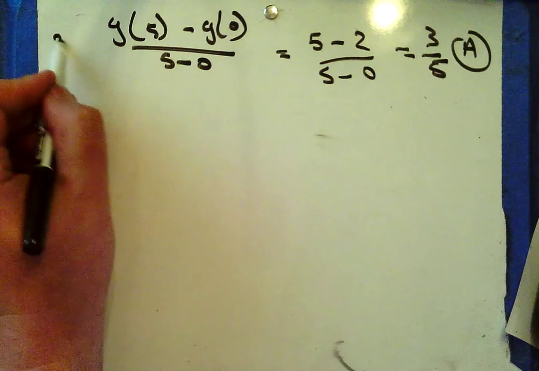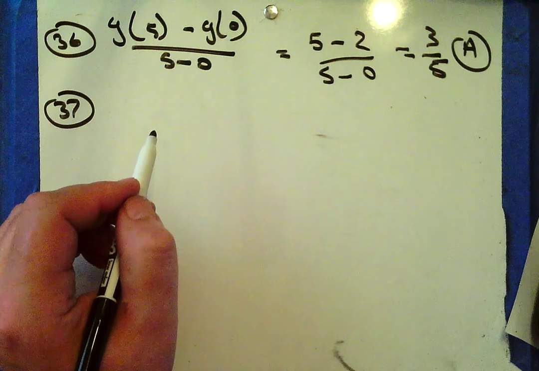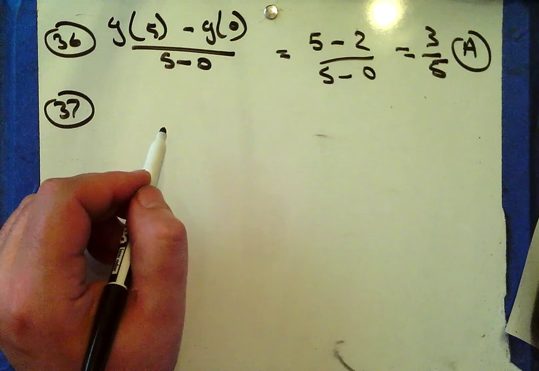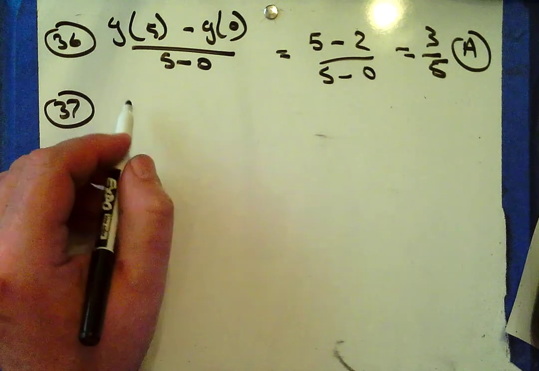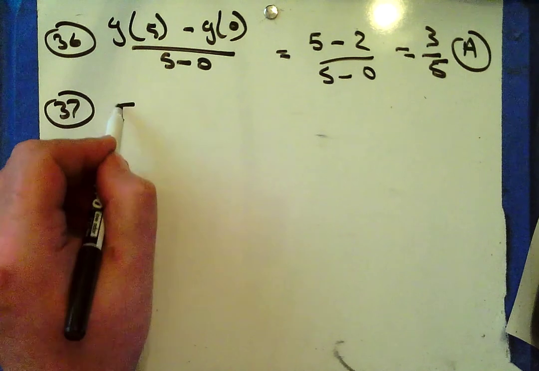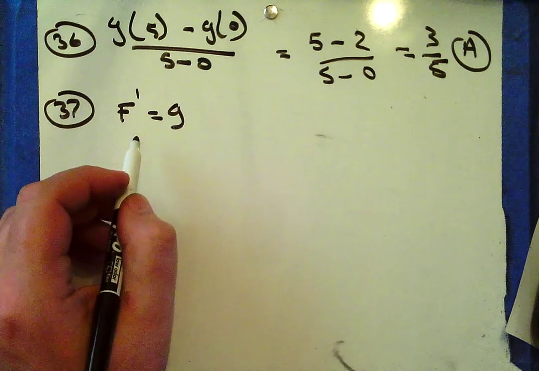Good. 36. 37. 37 says bamboo is 60 at time t equals 10. So let's say that big F prime equals g.